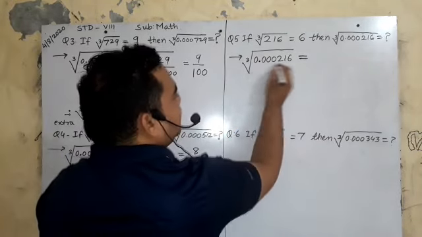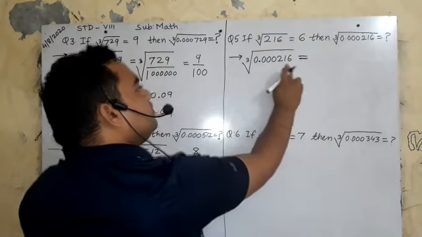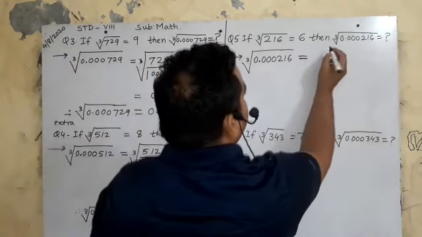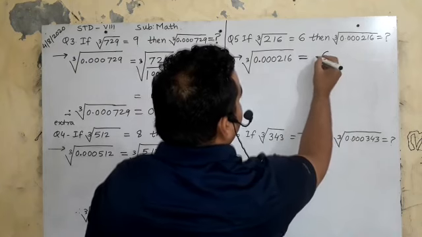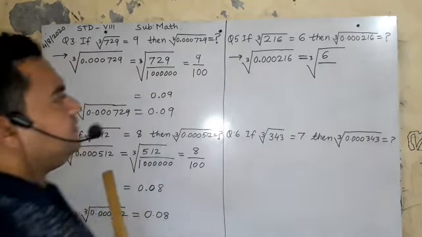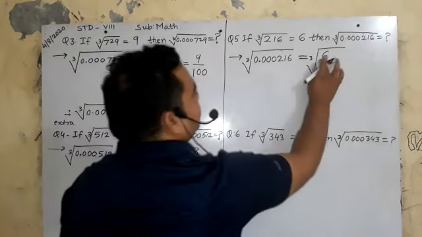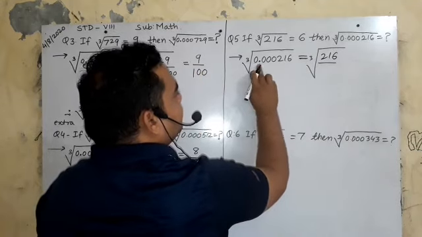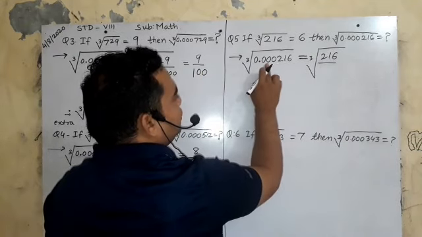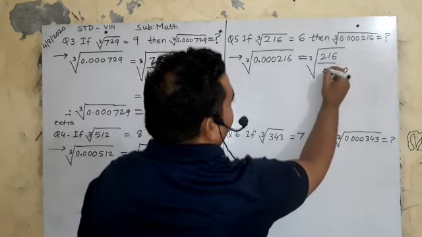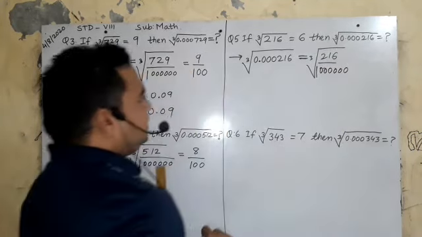You know that the cube root of 216 is 6, so you will write 6 upon the cube root of 216, and after the decimal point count 1 2 3 4 5 6, so 1 followed by 6 zeros. Is it clear?